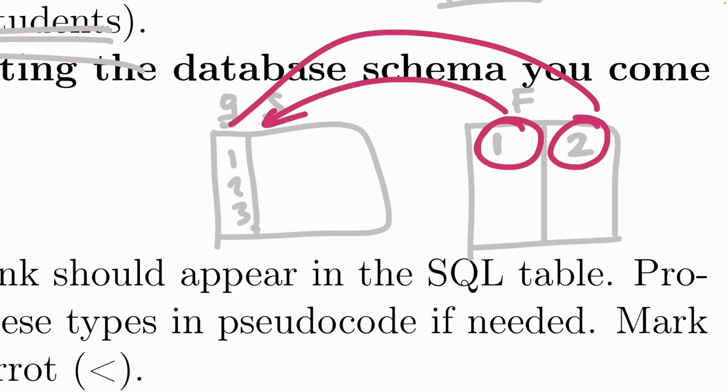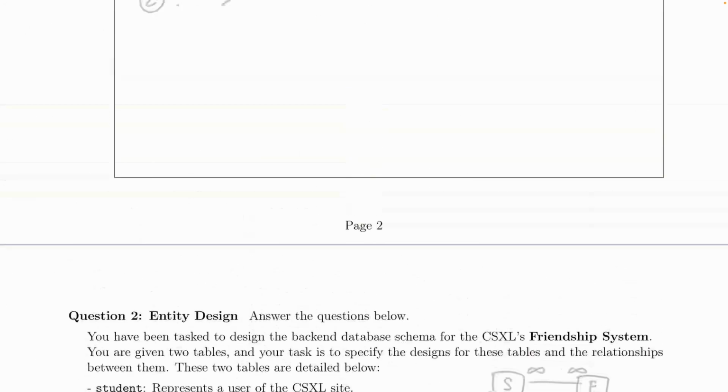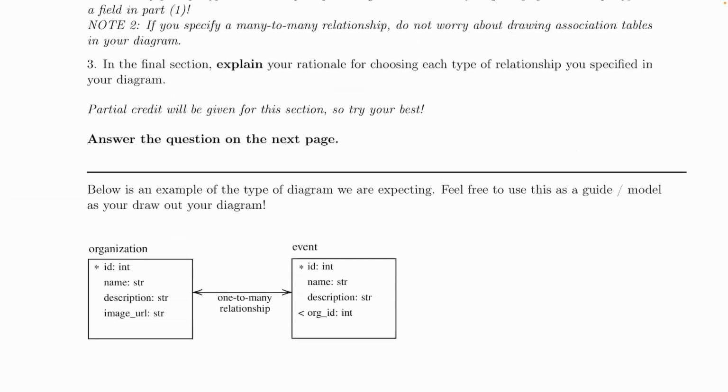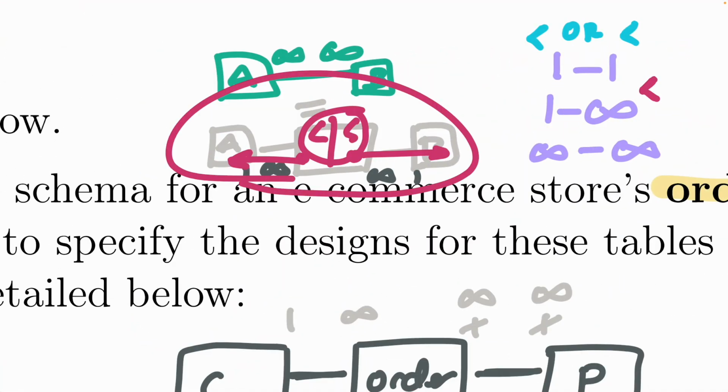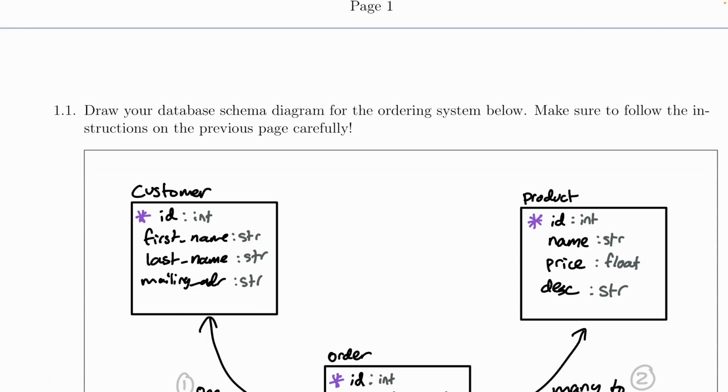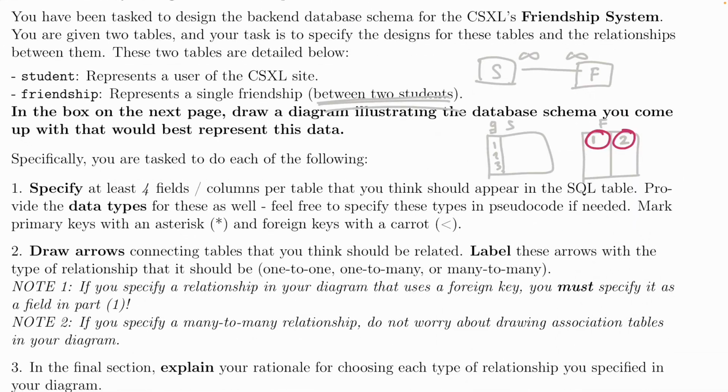And this is actually very similar to the many-to-many relationship that we talked about above in the diagram, where we connected A and B through an association table. So you could think about this friendship table as acting like an association table.